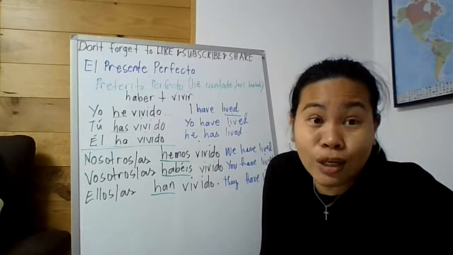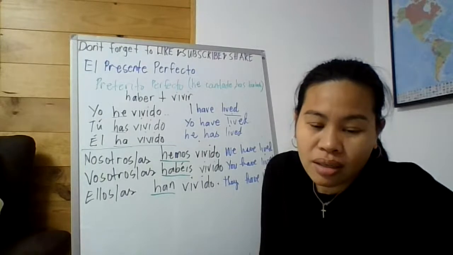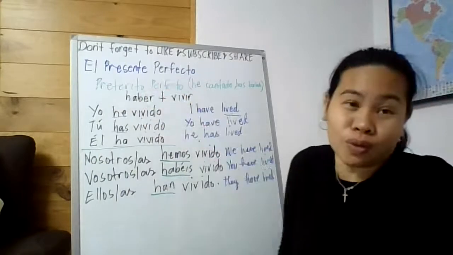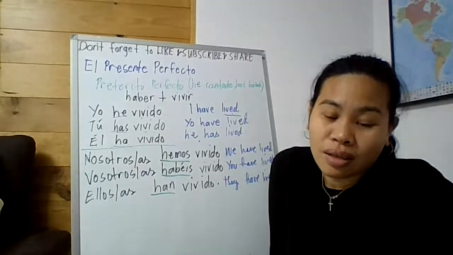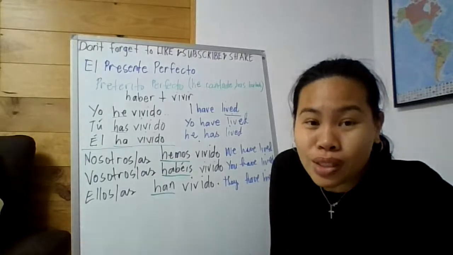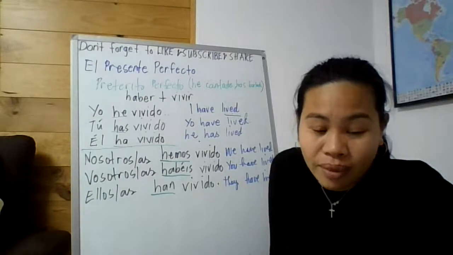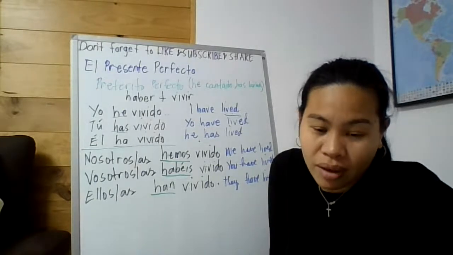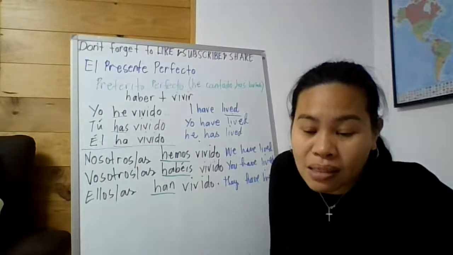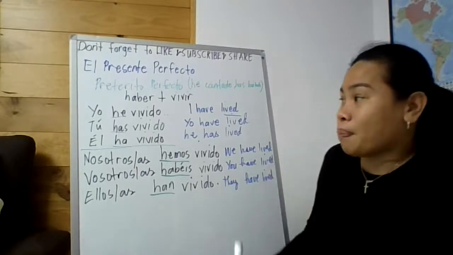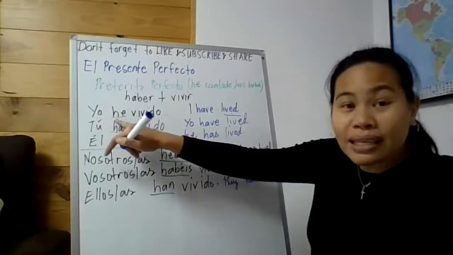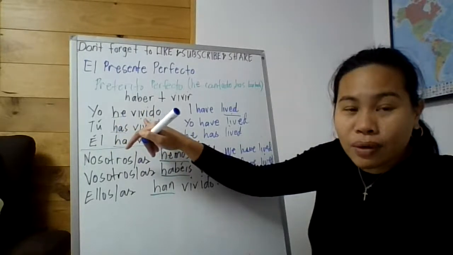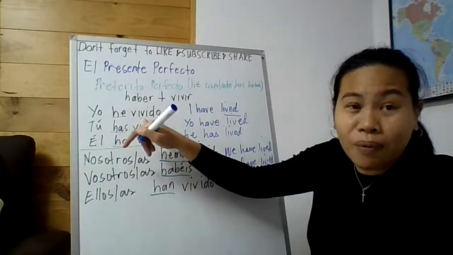So, in Castellano, okay, that is why like preterito perfecto. Okay? So, that is why we use el verbo haber as auxiliary verb, to have, en presente simple más participio del verbo principal. So, for example, is the auxiliary verb and our verb, the second verb, el verbo principal is verbo vivir.